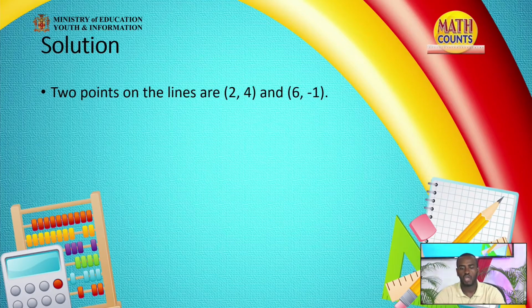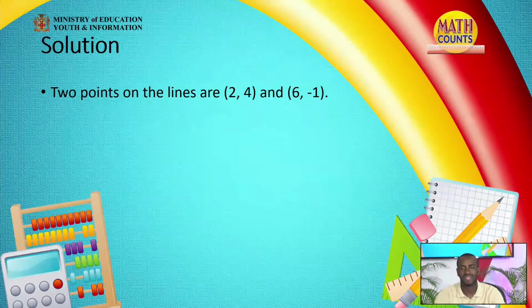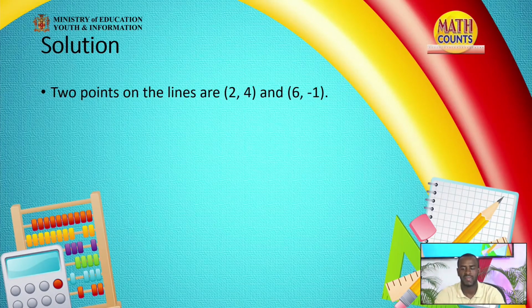Since our 2 points are (2, 4) and (6, -1), let us now go and find the gradient of this line. How do we find the gradient of a line? Remember that it is the vertical change written as a fraction of your horizontal change.